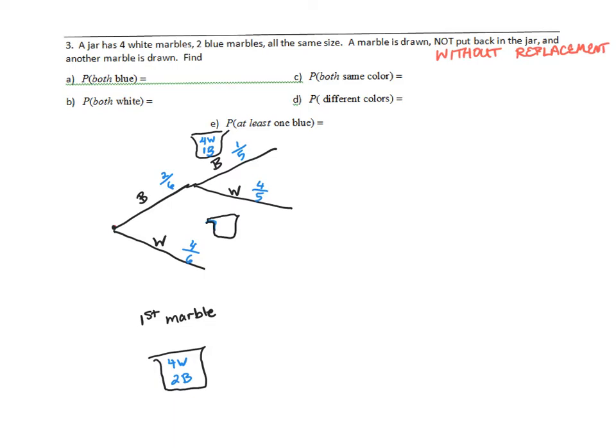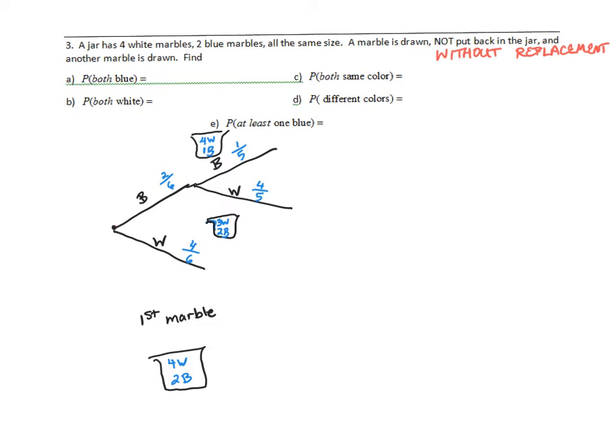If the first marble was white, then we have 1 less white marble in the jar. That's 3 white, but the 2 blues stay. So notice that the jar has a different number of marbles depending on what the first marble was.